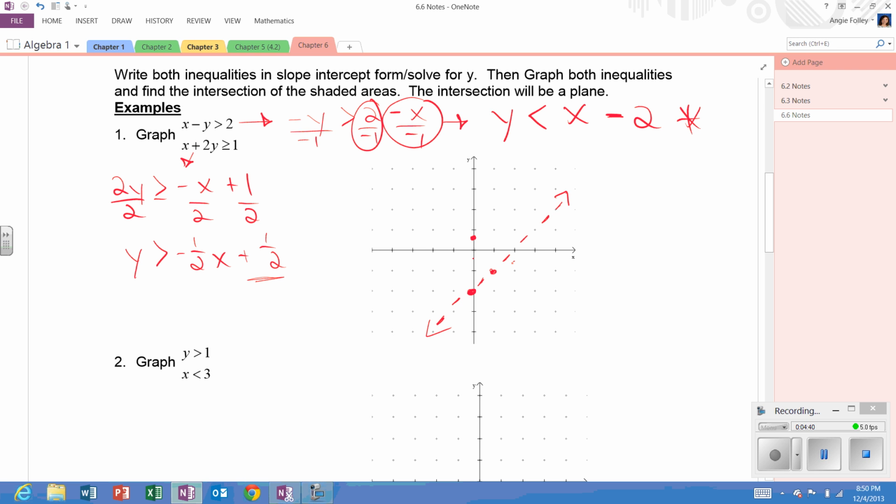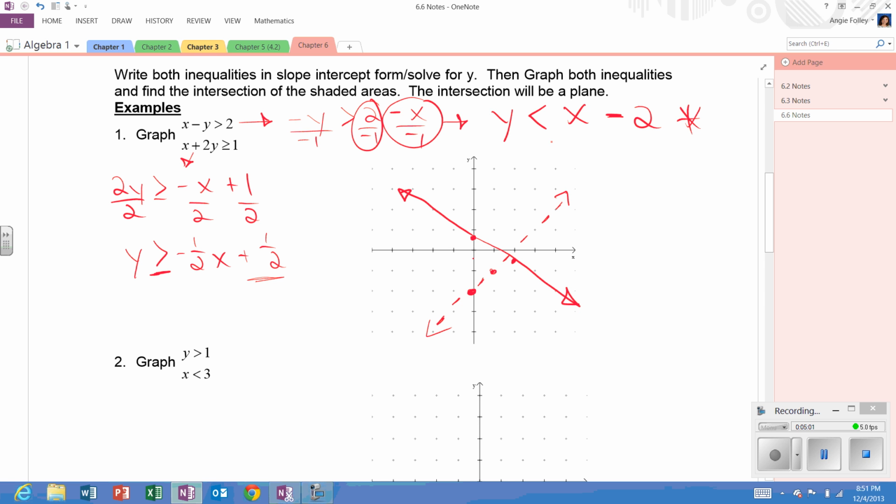So that would put my point over here. And in this case, we are going to use a solid line. Let's see if I can draw that straight. We're going to use a solid line because it is greater than or equal to. Now we have to figure out what to shade.